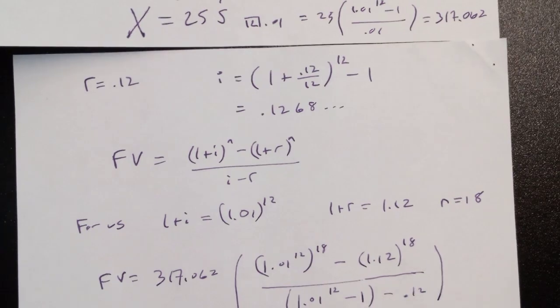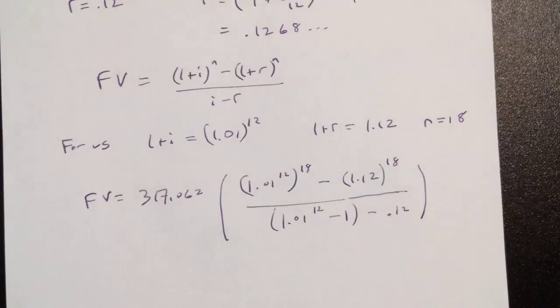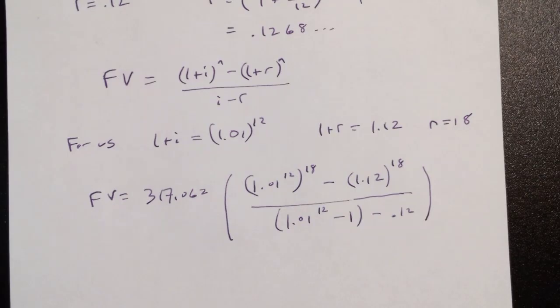So that's I minus R. Give me a number, please. Tell me how much we're going to have after 18 years of doing this monthly deposit.